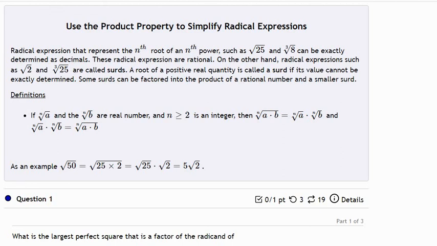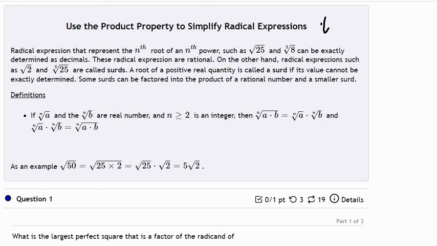We will now use the product rule, or the product property, to simplify radical expressions. Radical expressions that represent the nth root of nth powers, such as the square root of 25, which is the second root of 5 to the second power, and the cube root of 8, which is the third root of 2 to the third power, can be exactly determined as decimals.